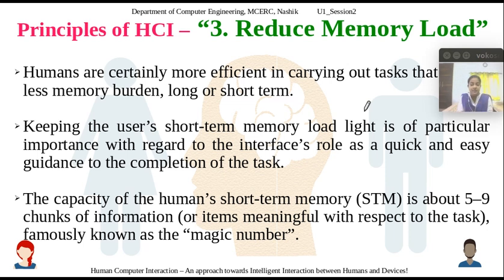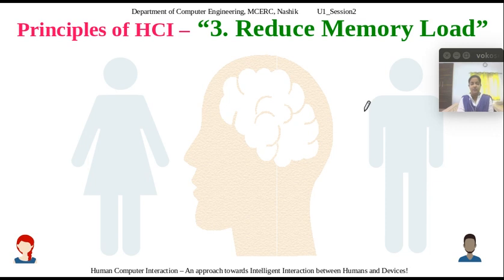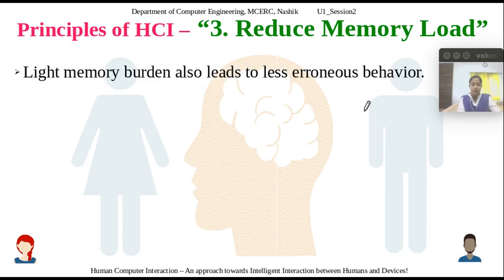You can visualize the processing of WhatsApp and Facebook through your eyes. So keeping the user's memory load as minimum as possible is very, very important in case of HCI. Okay, let's take some examples related to reducing the memory load.